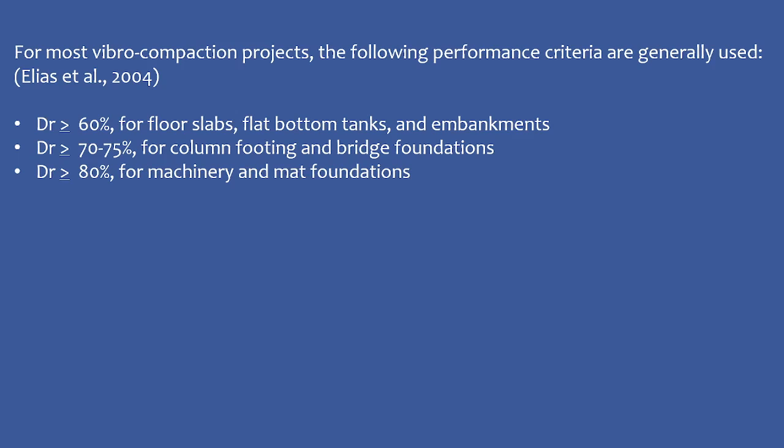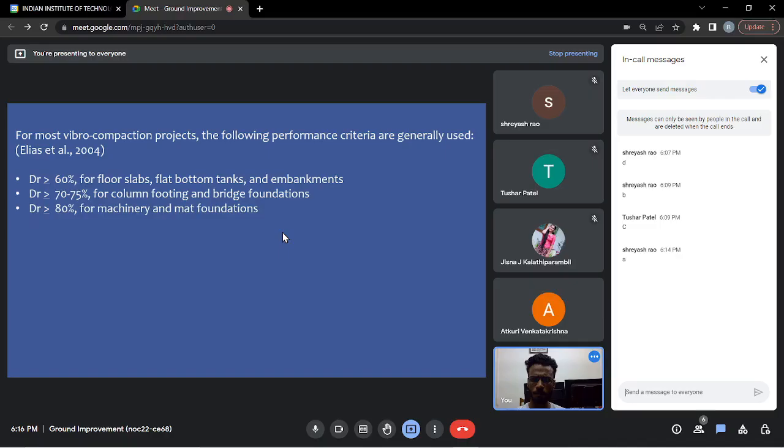So when the earthquake hits that soil, the relative density should not drop down that much. That's why for machinery and mat foundation, we should have relative density greater than or equal to 80%. Any query with this?